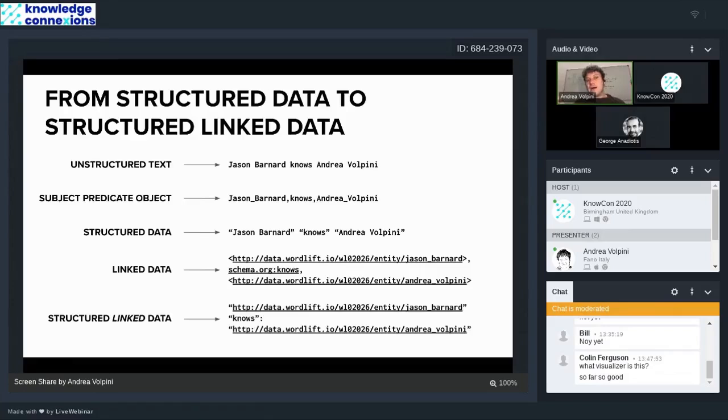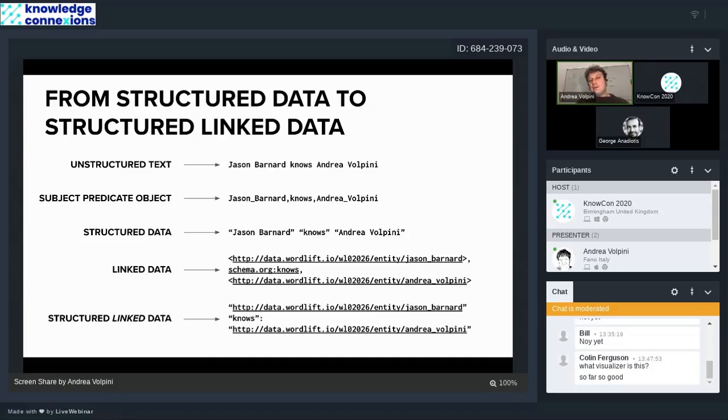So a structured text like "Jason Barnard knows Andrea Volpini" will eventually become, inside the knowledge graph, a triple: subject, Jason Barnard; predicate, knows; object, Andrea Volpini. So the text becomes triples, and then the triples get expressed in the form of structured data. We use the schema.org vocabulary for representing these triples.